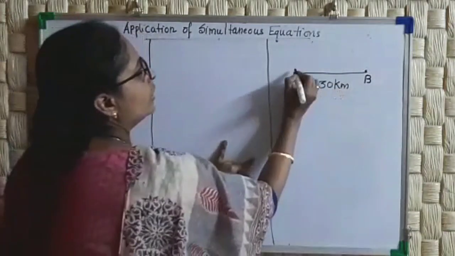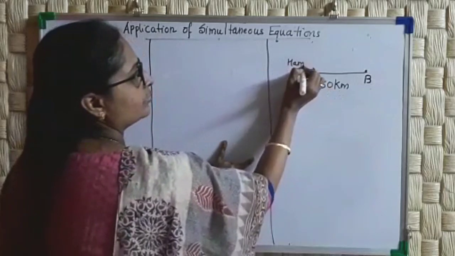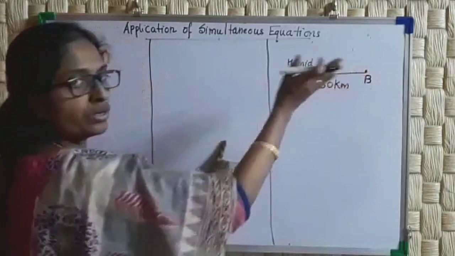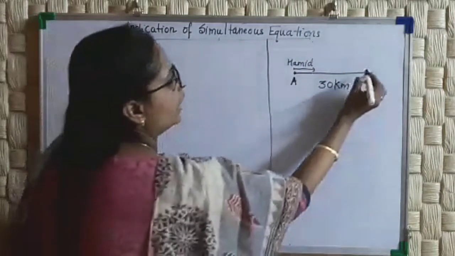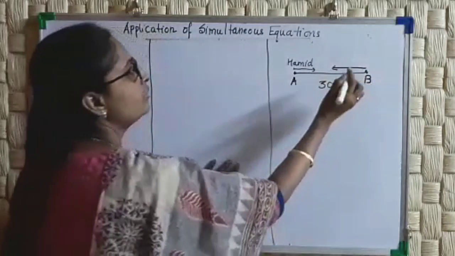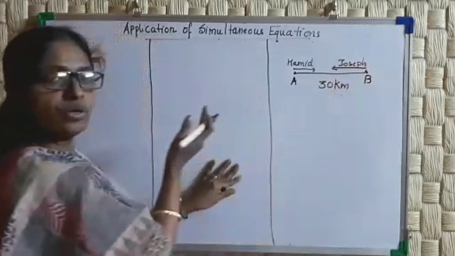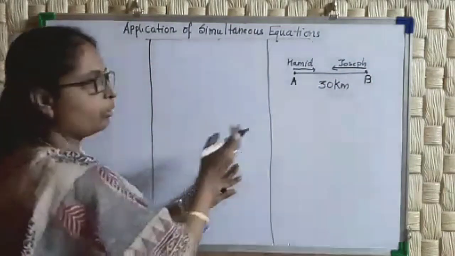Now, Hamid starts from point A and moves towards point B. At the same time, Joseph also starts from point B and he moves towards point A.